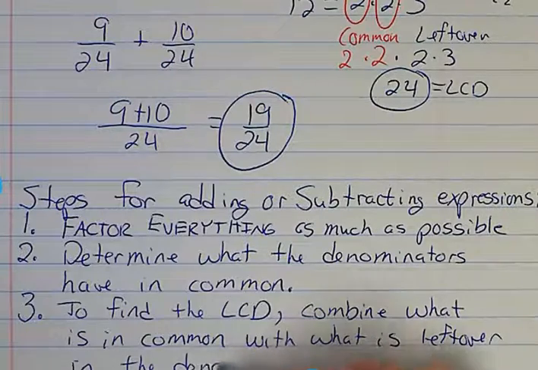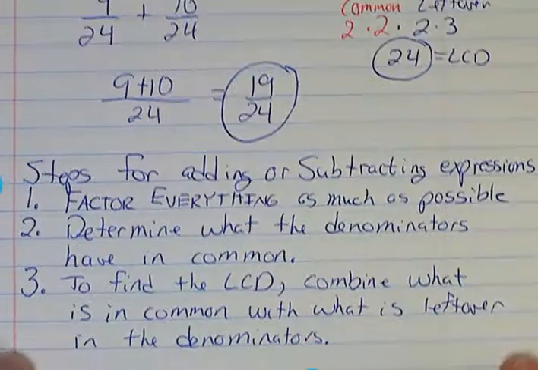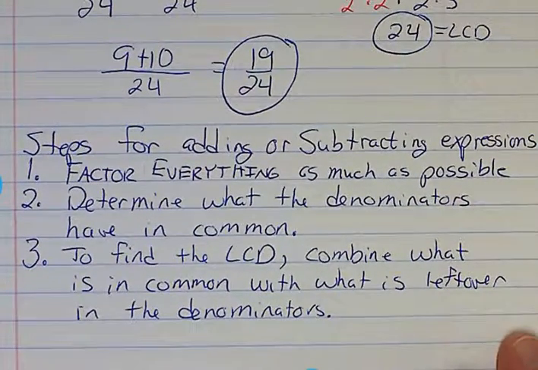And again, for this part that we're looking at right now, we're only looking in the denominators. The numerators, we'll worry about that in the next part, but for the first couple of steps, the key thing is you're really looking at the denominators here.